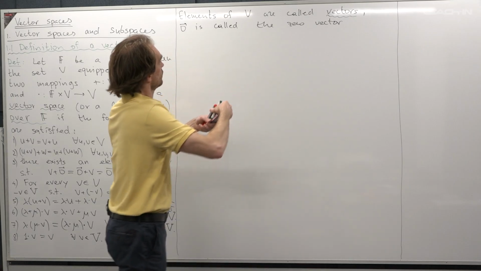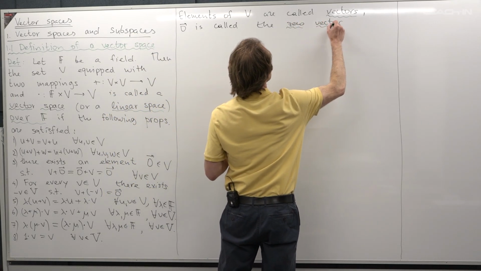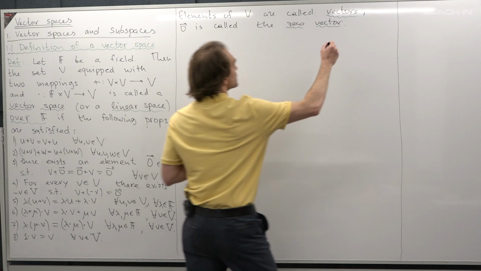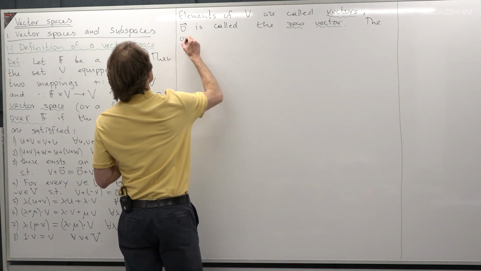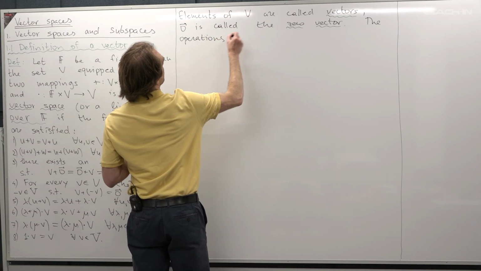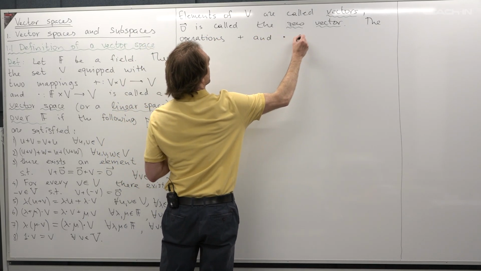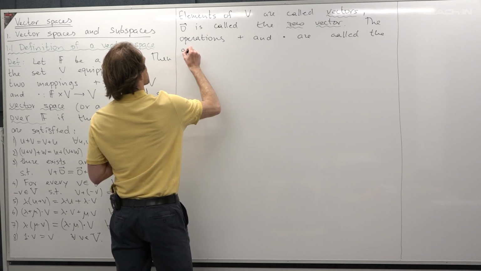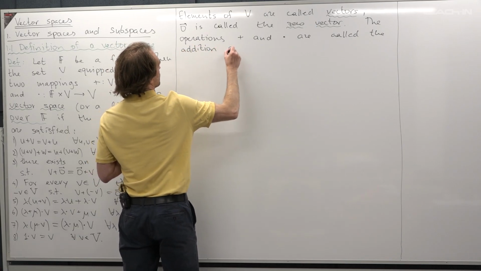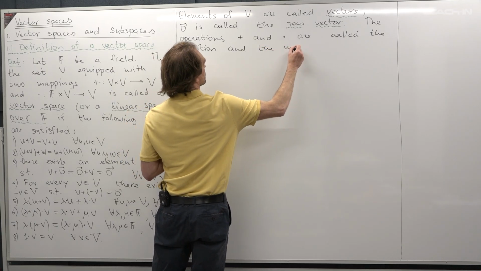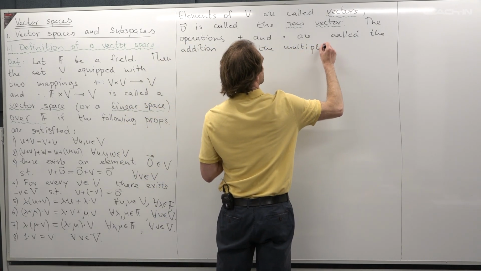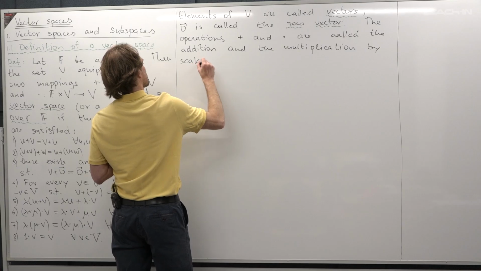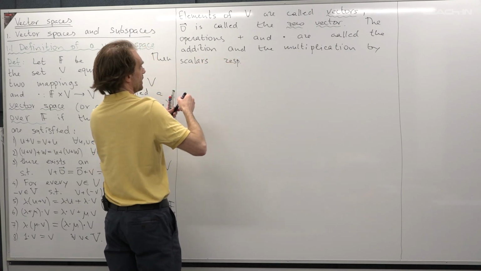We will later prove that it is unique. And the operations plus and dot are called the addition and the multiplication by scalars respectively.